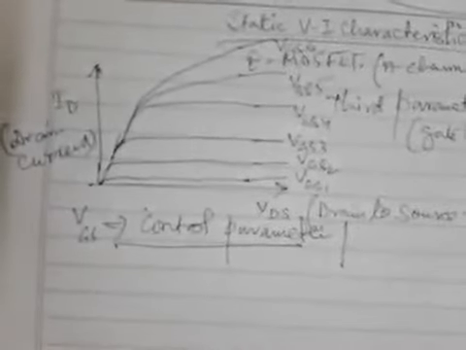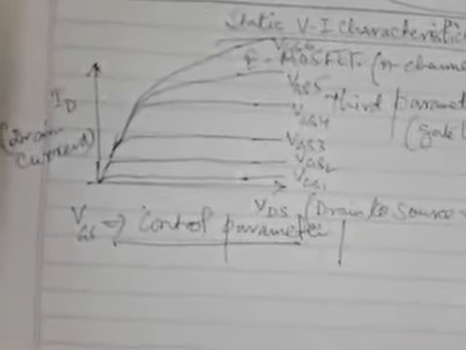The higher you go along the voltage axis, the steeper the slope of the curve becomes. It will point upward, and this characteristic looks quite similar to the output characteristics of a bipolar junction transistor.